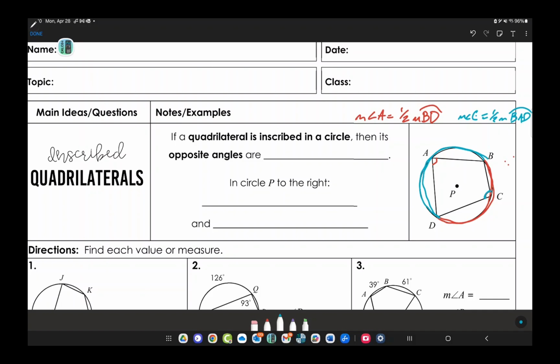If I take arc BD and arc BAD, what do you get? You add the blue and the red arcs together. 360. That's the whole circle. So since those two angles add up to half of 360, what's half of 360? 180, which means those opposite angles of an inscribed quadrilateral will always be supplementary.